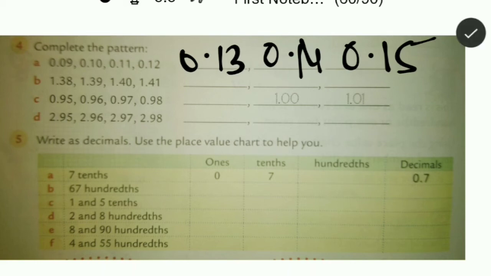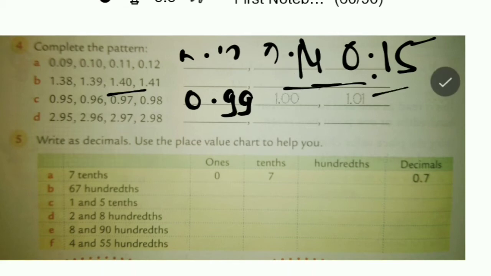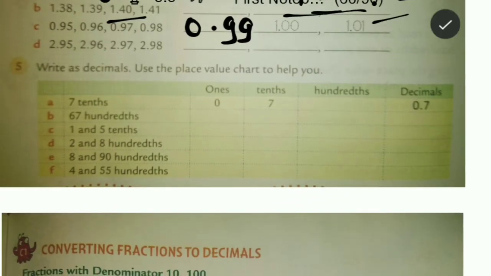Okay, 1.38, 1.39, 1.40, 1.41, 1.42, like this. And here 0.95, 0.96, 0.97, then 0.98 and 0.99, then 1, then 1.01. Like this we can write.